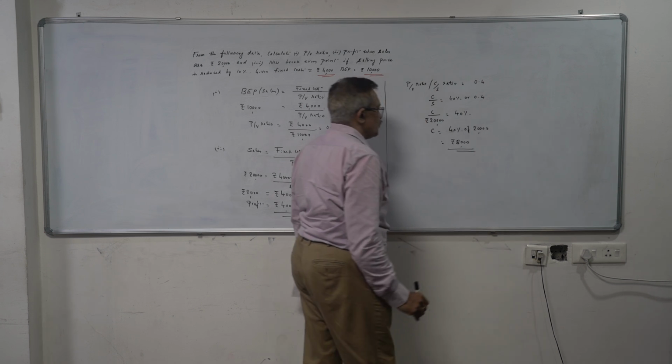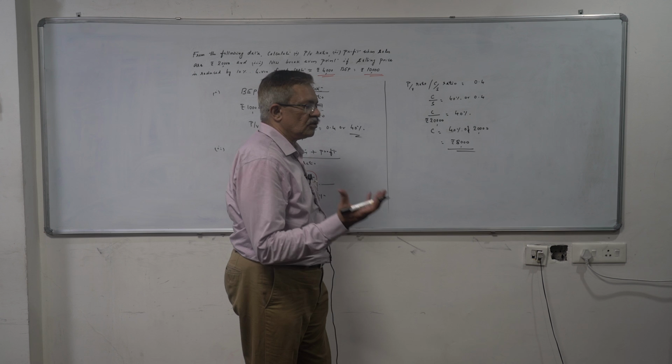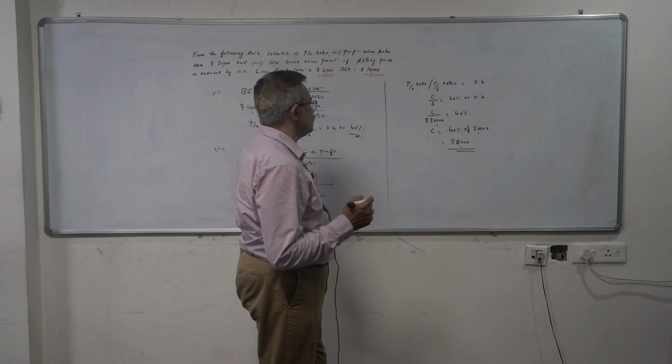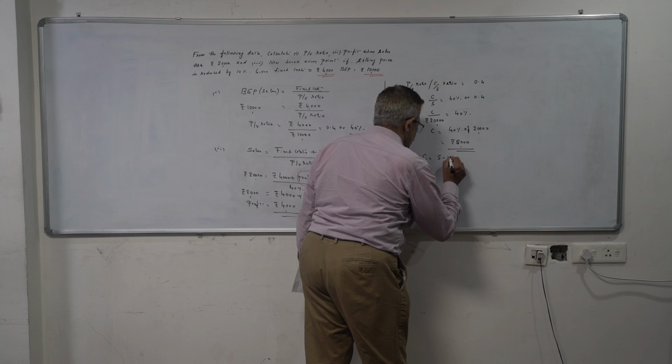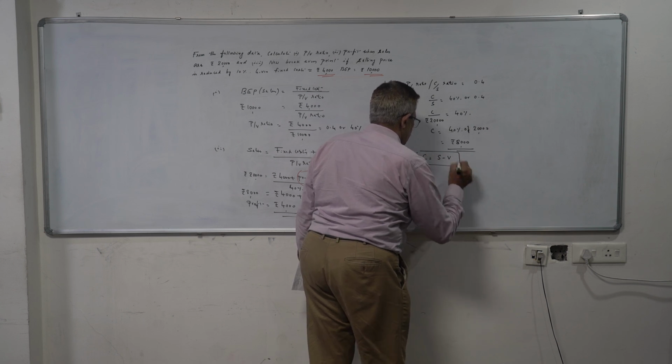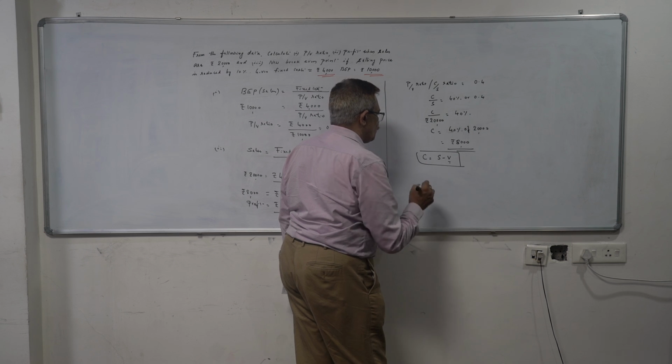So when C is 8,000, we can find out the value of the variable cost. We know that C is nothing but S minus V. Given this, we can find out the variable cost.